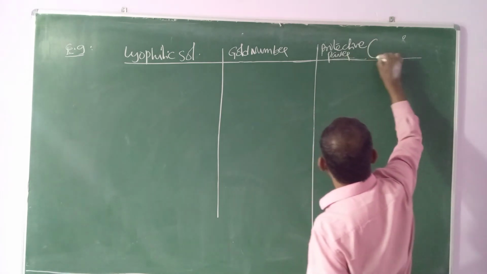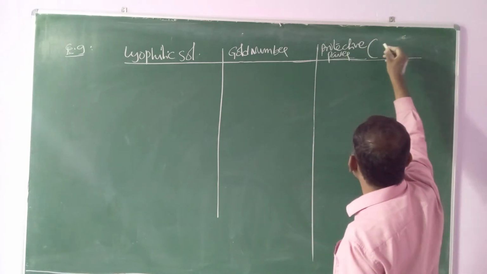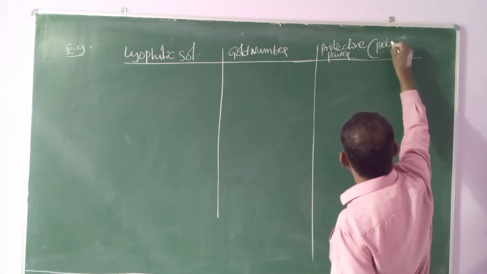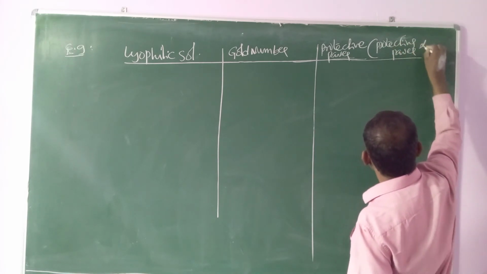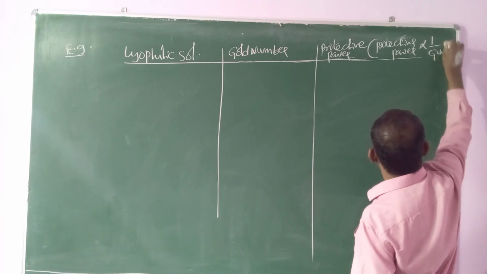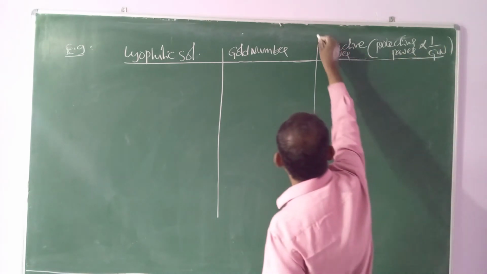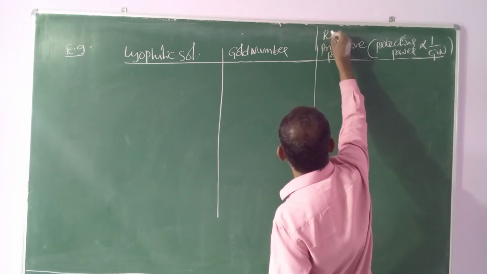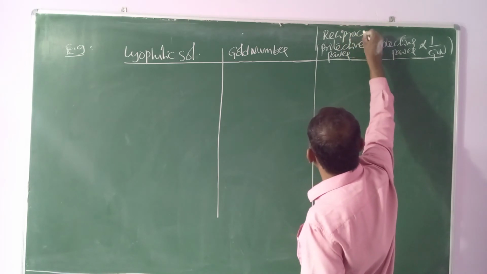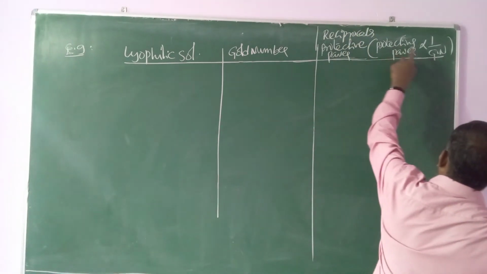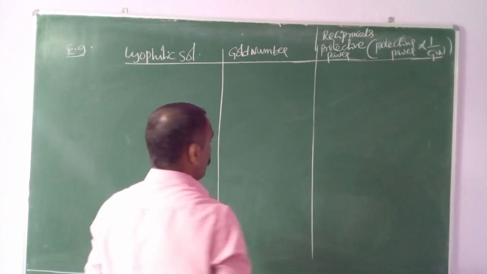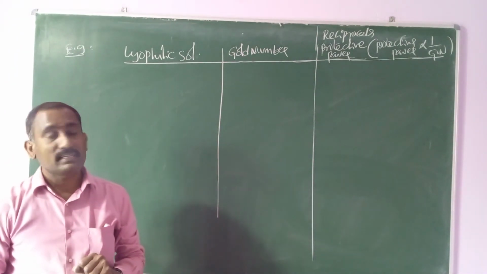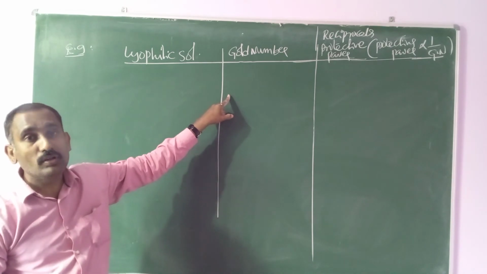Protective power, or protecting power, is inversely proportional to gold number. Hence, the third column is nothing but reciprocals. Protecting power and gold number are inversely related, reciprocals. Different lyophilic sols have different gold numbers.